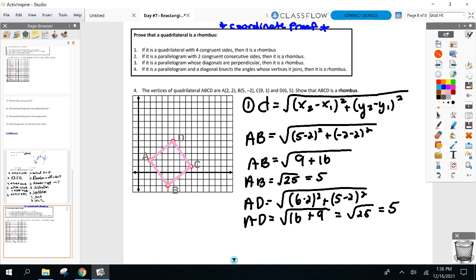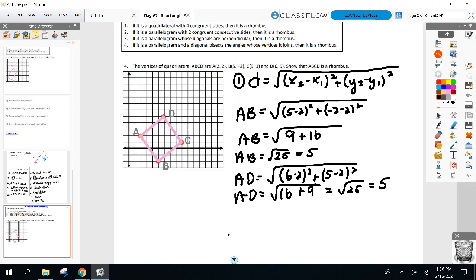All good? Think you can do the other 2 sides on your own now. Go ahead. DC and CB. You know it's going to be 5, so if we don't get 5, something happened.